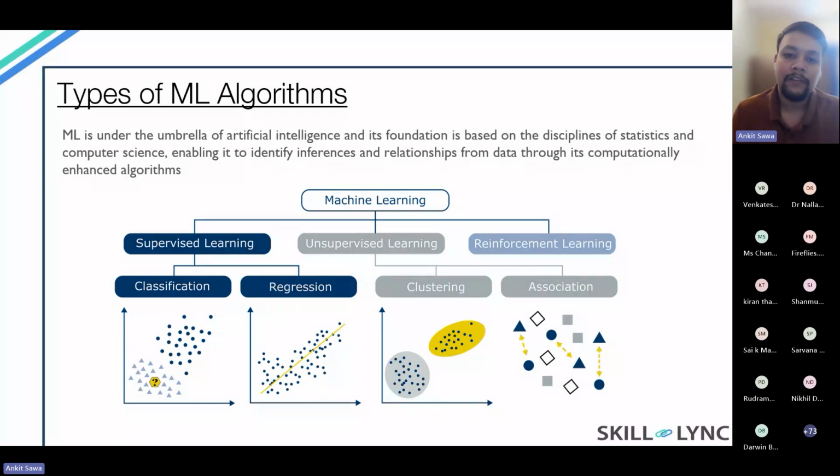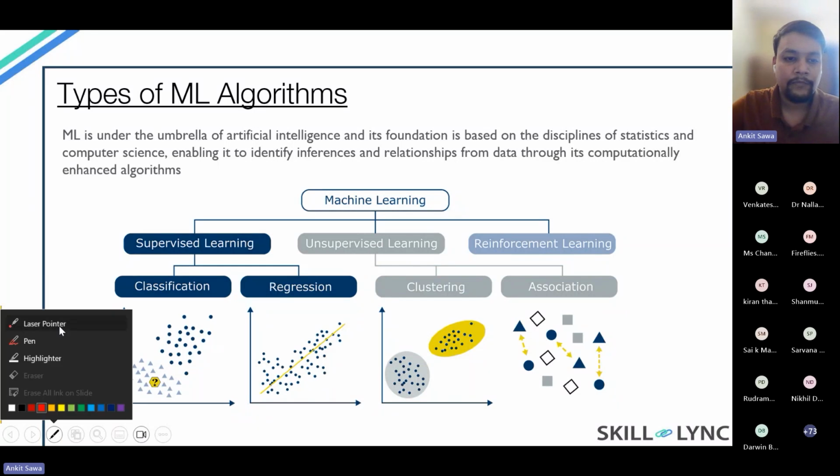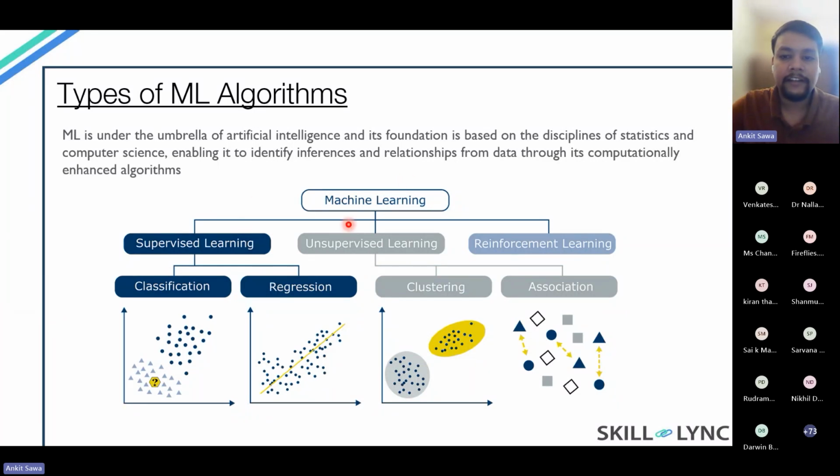So it helps in identifying inferences, relationships within the data, and we write some algorithms to basically enable this. As you are seeing on the screen here, machine learning can be divided into three major parts: supervised learning, unsupervised learning, and reinforcement learning. We are going to focus today more on supervised and unsupervised learning. Supervised learning basically is something where you train the machine under some supervision. There can be two types of problems in machine learning which can be solved through supervised learning.